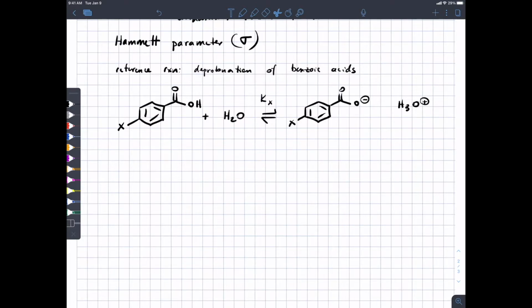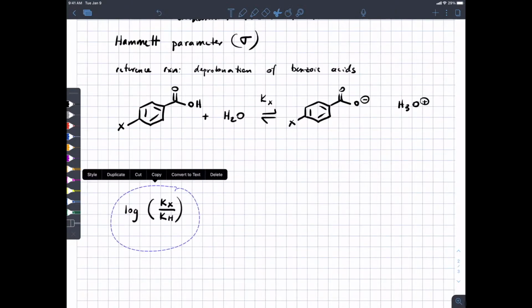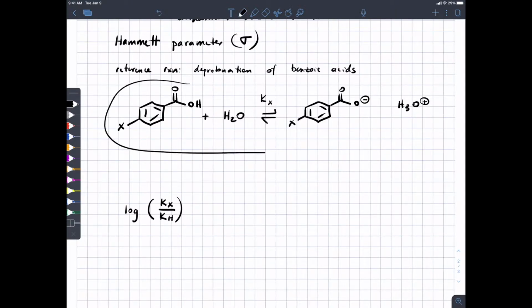Basically, we're measuring pKa's of benzoic acids. All right, and then you're going to take the log of the equilibrium constant for whatever X is, and then you'll use the equilibrium constant for when X equals hydrogen. All right, so you would be comparing the following two equilibria.